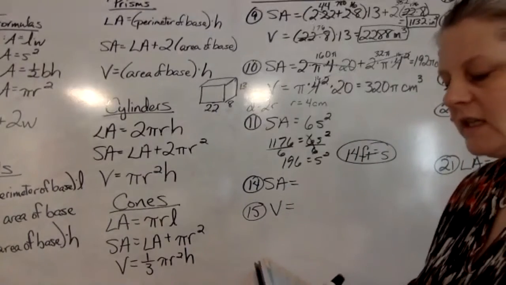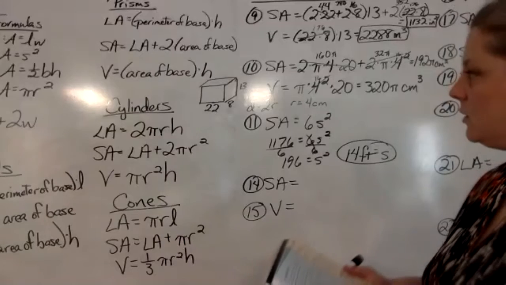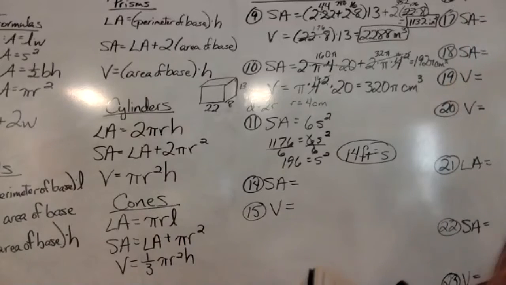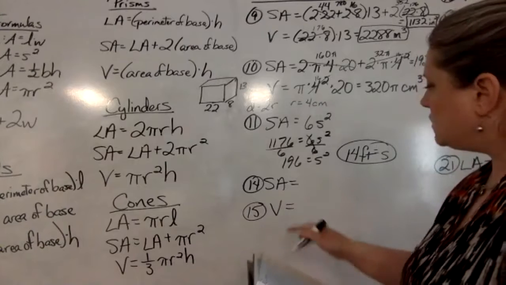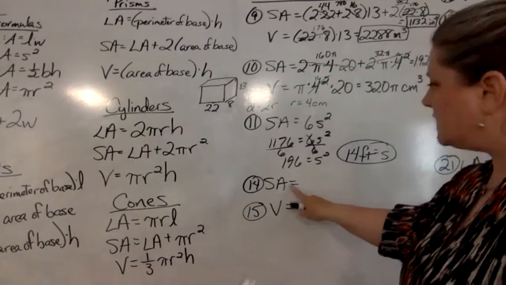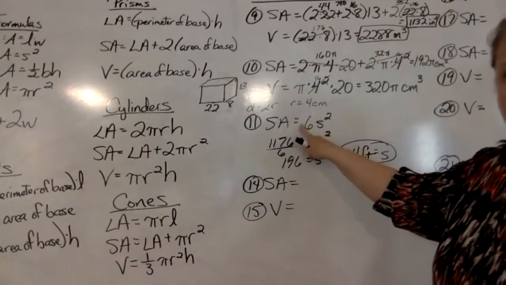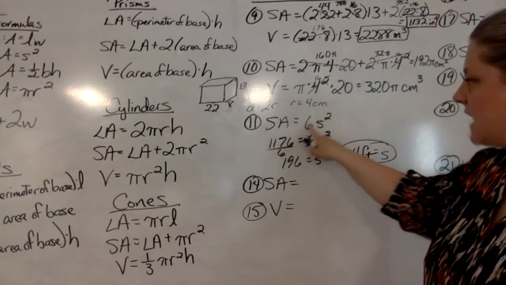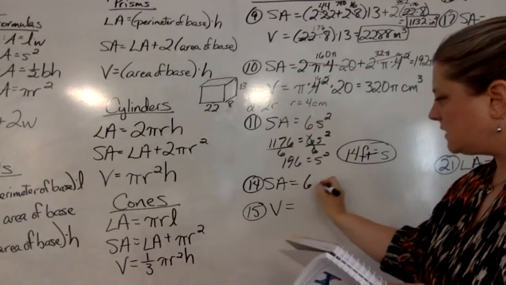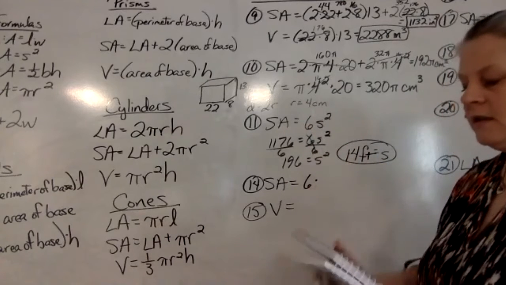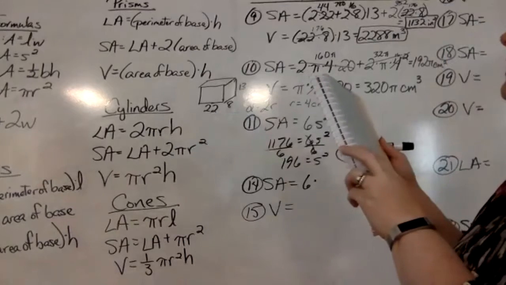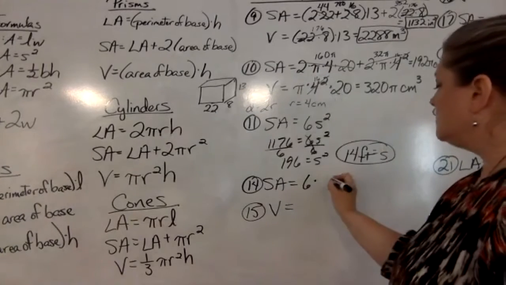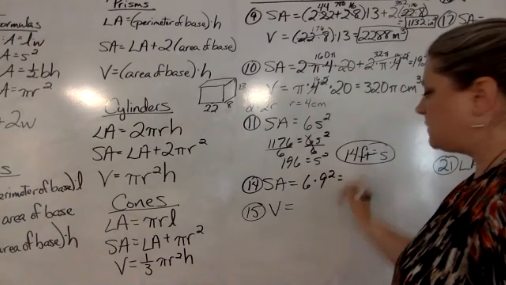Okay, so on 14, we're talking about a cube. Remember, we just talked about the cube. All the sides in a cube are the same. So to find the surface area of the cube, I just gave you the formula right here. It's 6 times the side squared. So it's going to be 6 times, the cube picture that they give you is right here, they're 9 inches. So it's 6 times 9 squared.